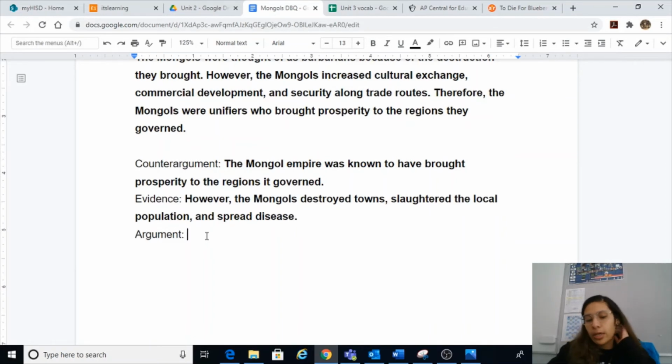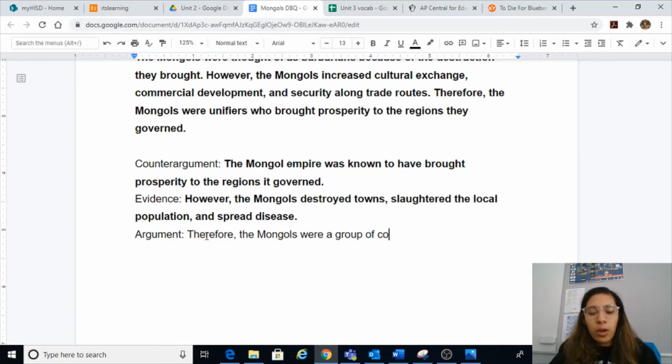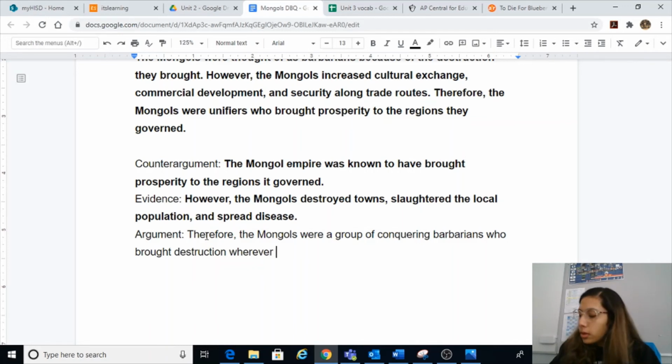Now let me make my argument. Therefore, the Mongols were a group of conquering barbarians who brought destruction wherever they went.